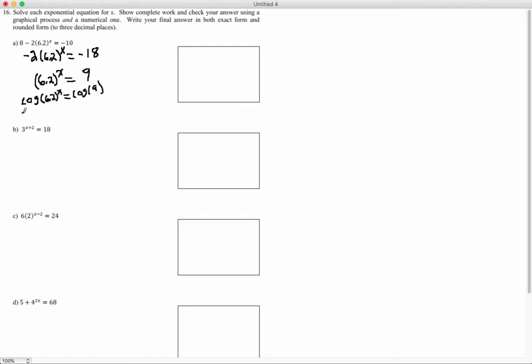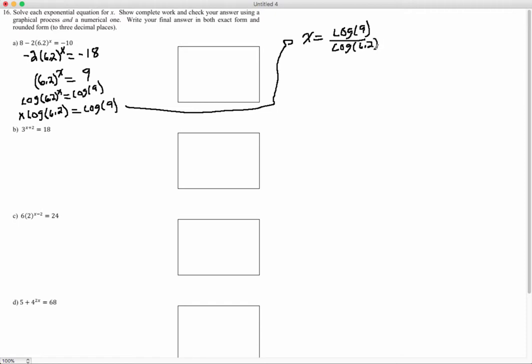So that gets me x times log of 6.2 is equal to log of 9. Let's come over here because I'm running out of room. And so that tells me that x is equal to log of 9 divided by log of 6.2.